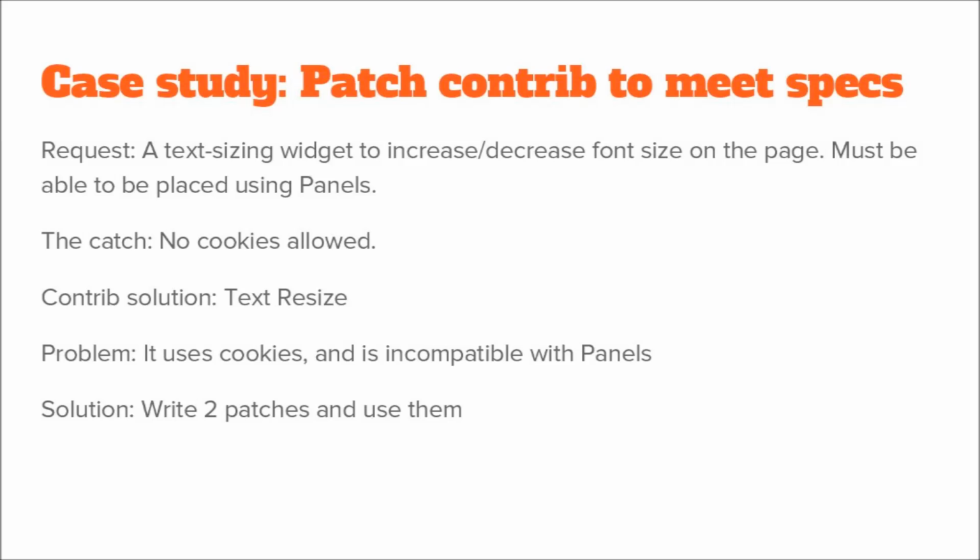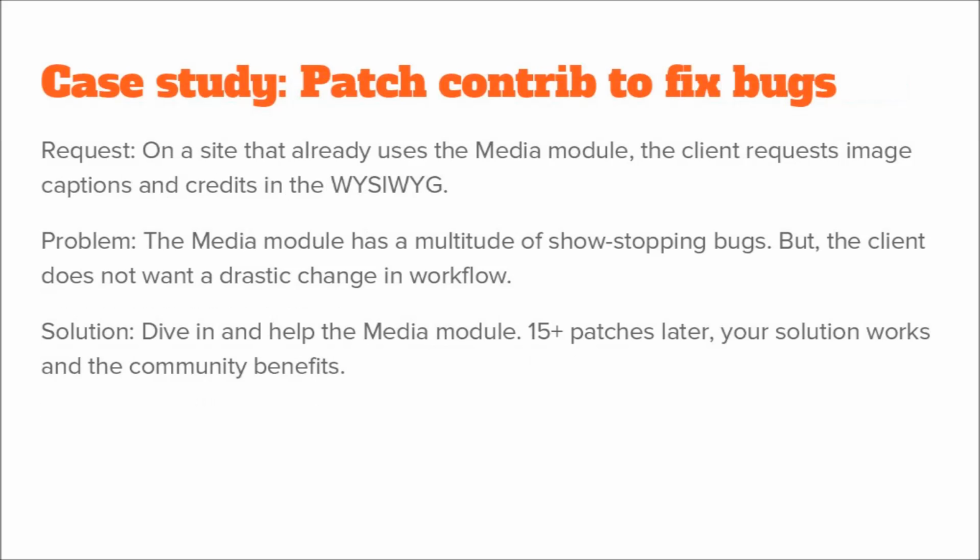And this one was a much larger endeavor, but this was a case of a site that was using the media module, and the client wanted image captions and credits in the WYSIWYG. So when you attach an image, they wanted to be able to edit the caption and credit right there.